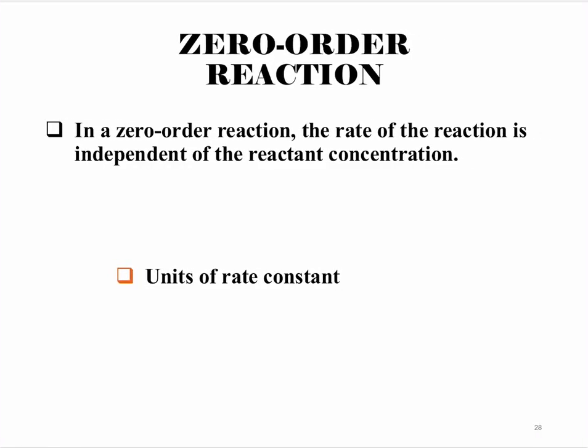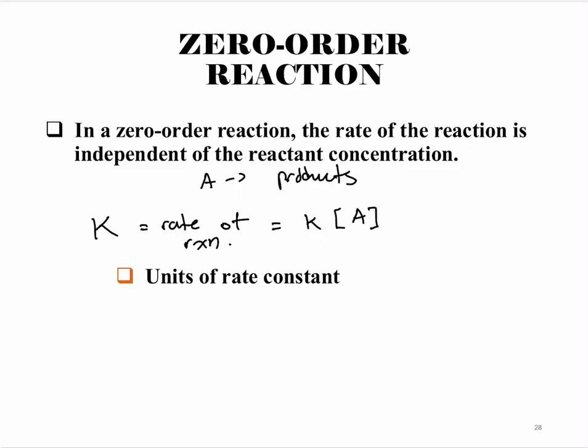All right, so a 0th order reaction is independent of the reactant concentration. If we write it out, we can see why. Let's say we have A to products. So we have uppercase K, the rate of reaction, which I abbreviate as RxN, equal to lowercase k, our rate constant, times the concentration of A. Because it's 0th order, it's raised to the power of 0.